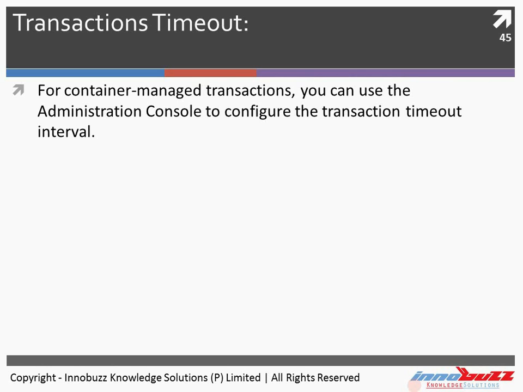So using the server, we can configure the transaction timeout interval that you want. You can select it within the administration console. As said earlier, the EJB container will run within the JEE application server, so you can set it using the administration console.